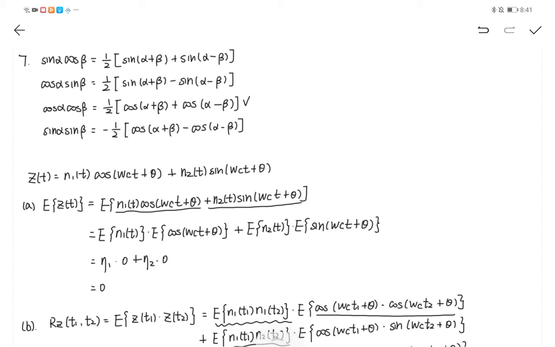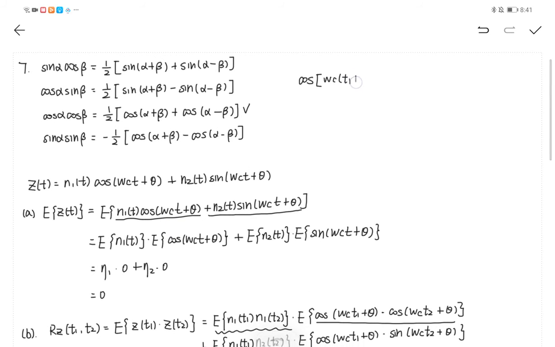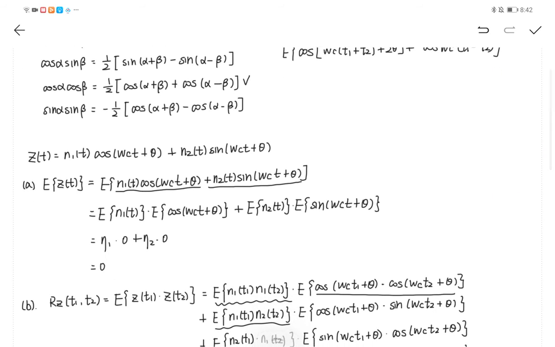It equals cosine(alpha plus beta), which is omega_c(t1 plus t2) plus 2 theta, plus cosine(alpha minus beta), which is cosine omega_c(t1 minus t2), and we must calculate the expectation.